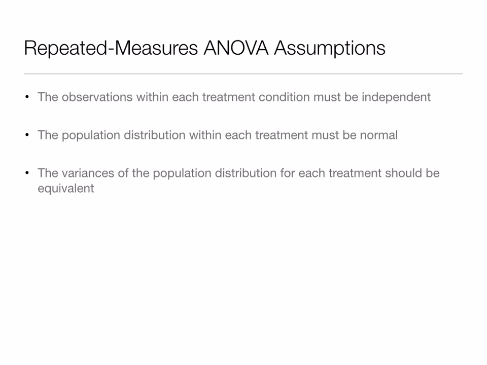The assumptions of a repeated measures ANOVA are, again, very similar to what you've been experiencing before. We want the observations within each treatment condition to be independent. Now, we know that they're not going to be independent across the person because we have the same person participating, but within each condition, we want them to be independent. The population distribution must be normal.